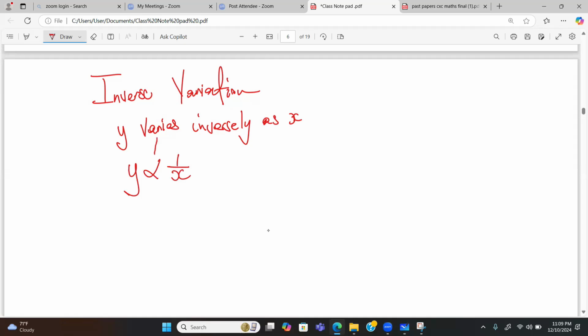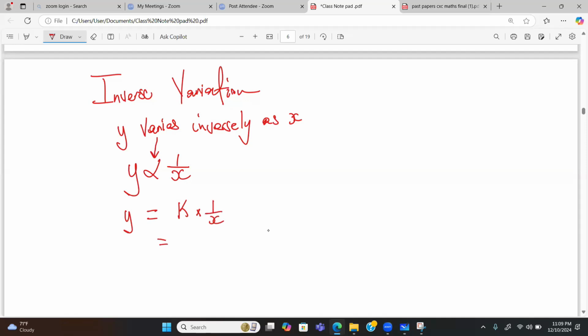So this is the variation symbol that deals with proportional. It's inversely proportional to it. So if I'm going to replace that proportional symbol with an equal sign, then I have to bring in the constant of variation. I'm calling it k, and it's going to be multiplied by not x, but the inverse, and that is why the inverse comes in.